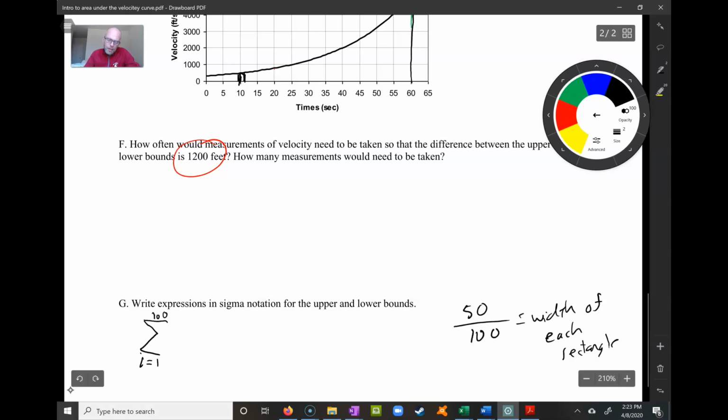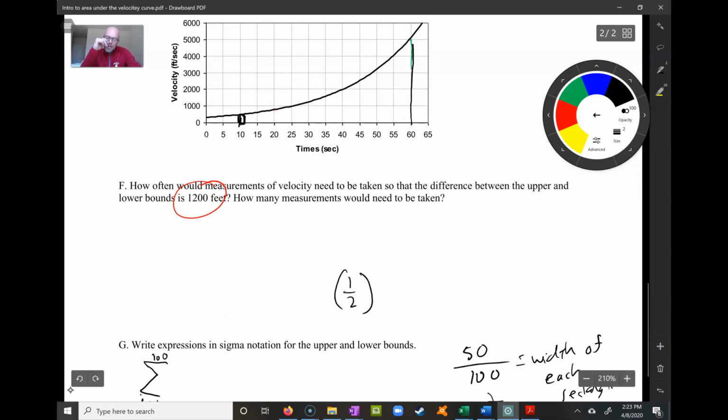Okay, so width of each rectangle. So that means that this little width right here is just going to be 1/2 of a second, right? Because this 50 over 100 reduces to 1 over 2. So if I want to find the area of one of these rectangles, like that one for example, the width would be 1/2, and the height in this case, now I'm going to do a right-hand sum, so that means I want to know how big that one there is.